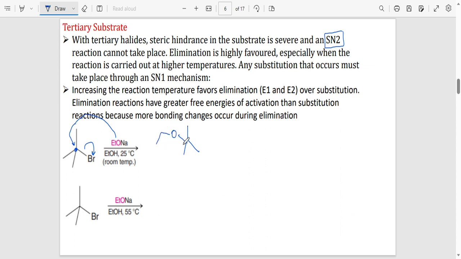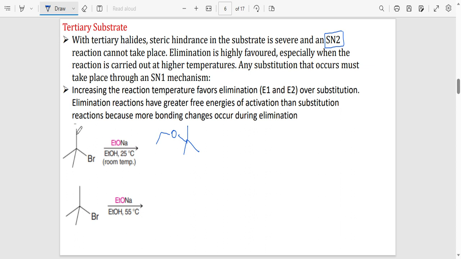So this can be a product. But it will not be the major product. Actually, it will be just about 9% of the product, because the temperature is lower and it can support a nucleophilic substitution reaction.